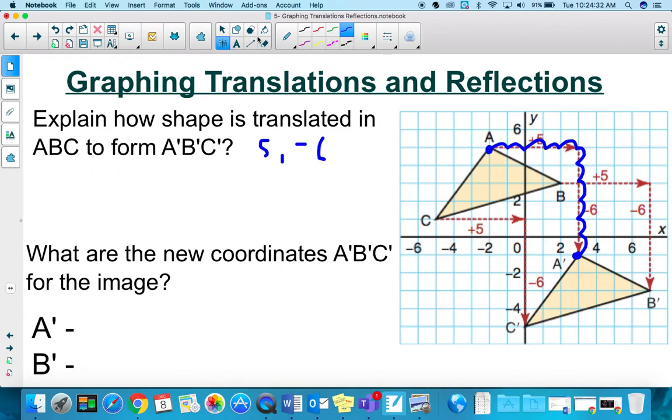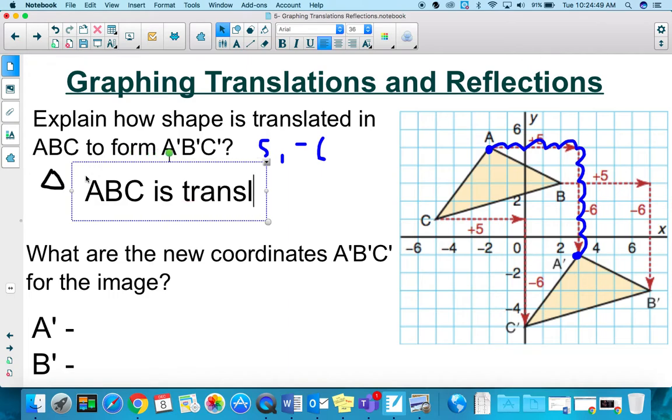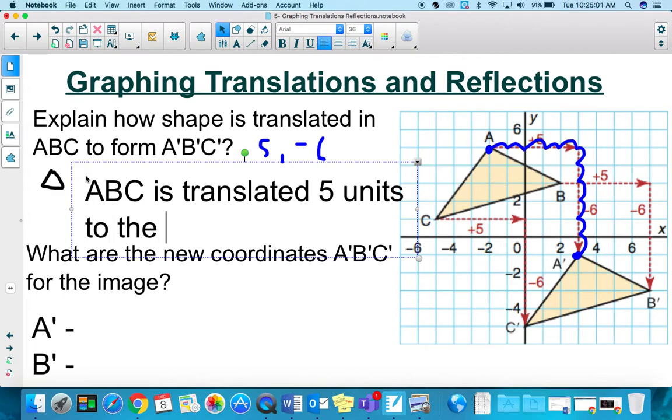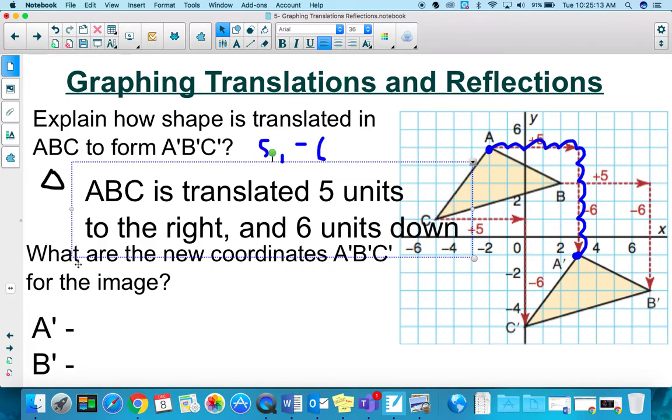So it says explain how we did it. So in our answer, this is how we're going to write it: triangle, and you just make this little triangle sign, triangle ABC is translated, what did we say, 5 units to the right and 6 units down.